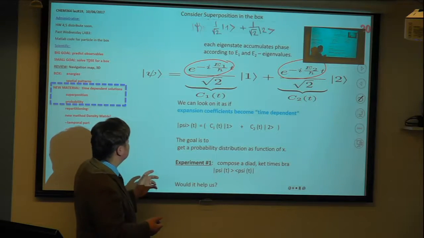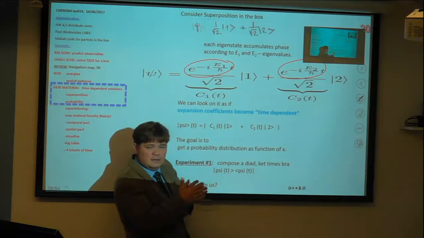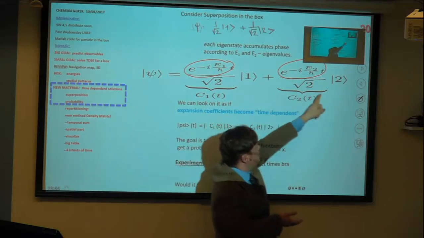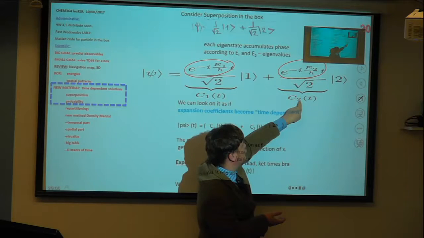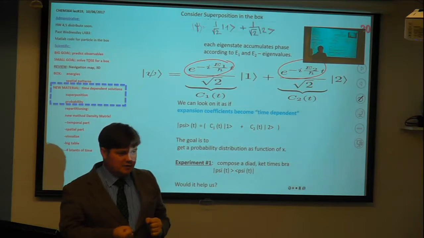So if we look at this accumulation of phase, we can tell that it's the same shape as before, eigenstates and expansion coefficients. But from now on, the expansion coefficients are time dependent.